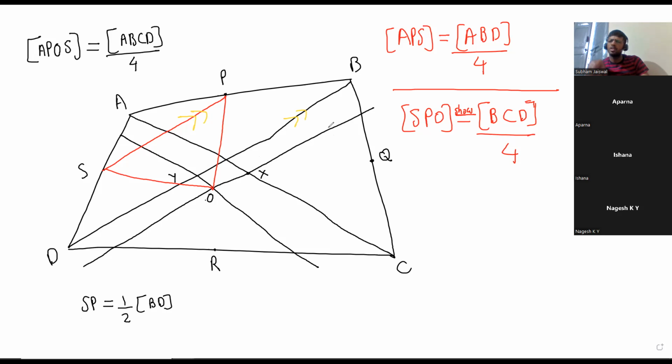Is PO and BC parallel? No, right? What is parallel is PX and BC. PX and BC are parallel, is that fine?